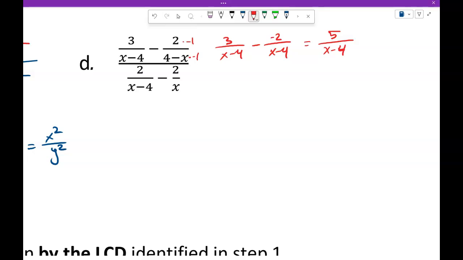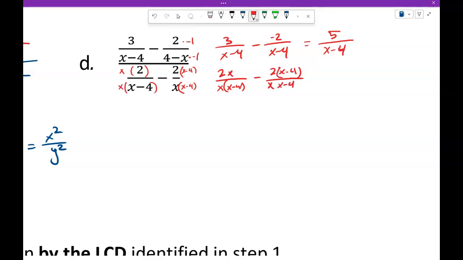Then for the denominator, our least common denominator is x and x minus 4. So we need to multiply our second fraction by x minus 4 and the first fraction by x, giving us 2x minus 2x minus 4.